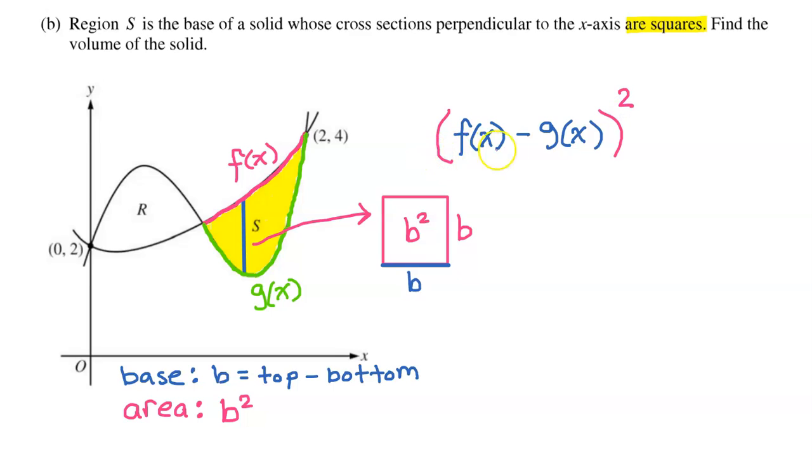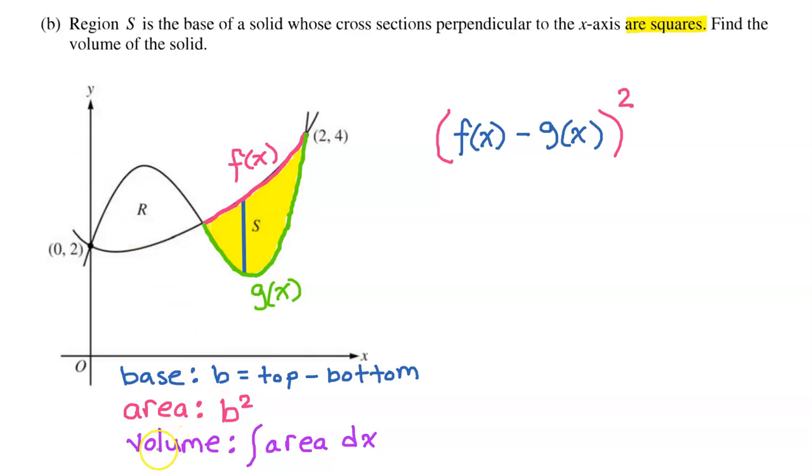So now I'm looking at an expression for the area of a single slice. The last step is to write an expression for the volume by integrating the area. When you integrate the area of a single slice, you are adding up all of the slices to form the volume. So since I already have an expression for the area of a slice, all I need to do to form the volume is integrate.